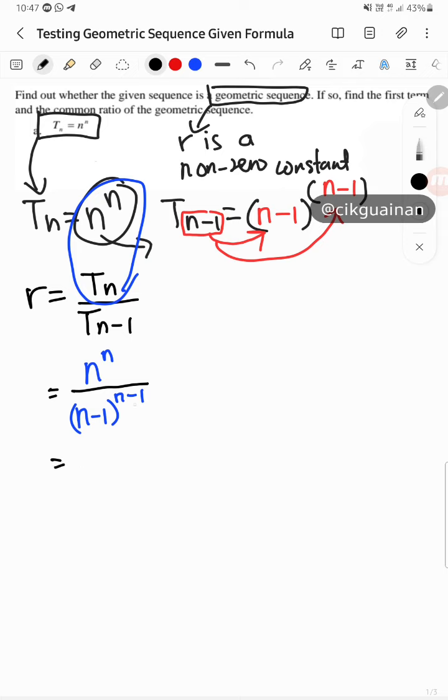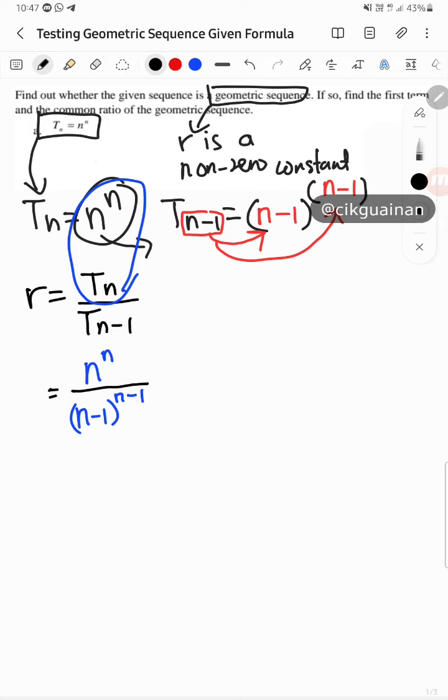I think we can change the power minus 1 into n to the power n over n minus 1, over n minus 1, this one power n. So this one we can put on top, I guess. We can simplify, but there is nothing much to do. Even if you simplify, you cannot do much.